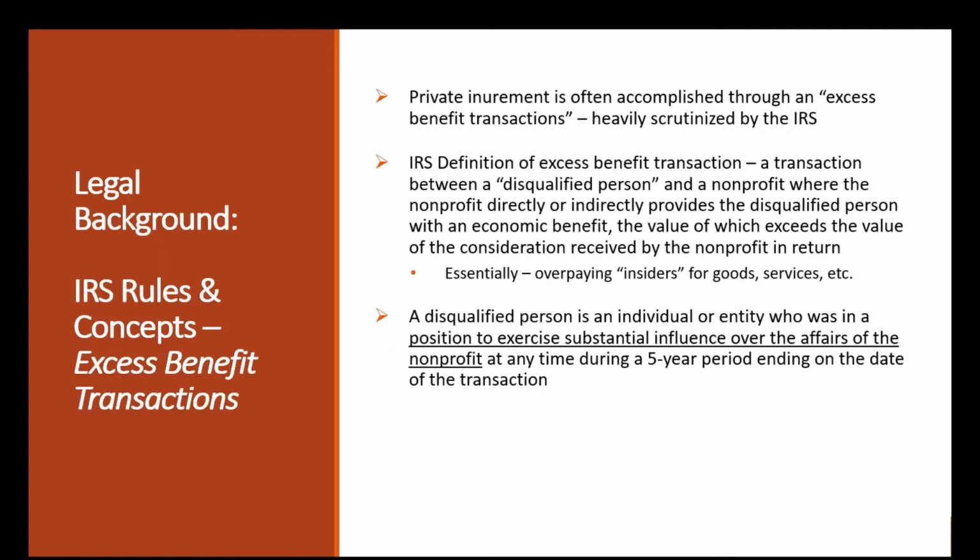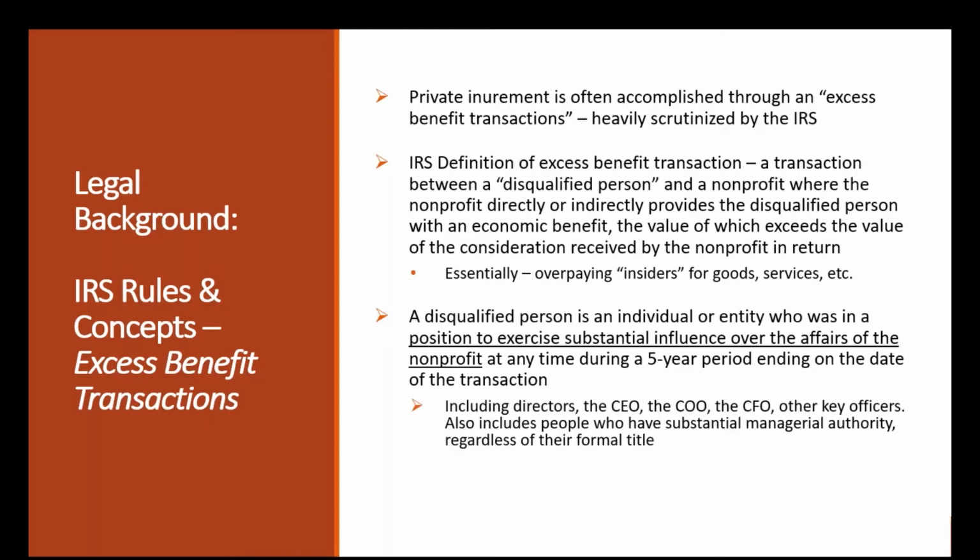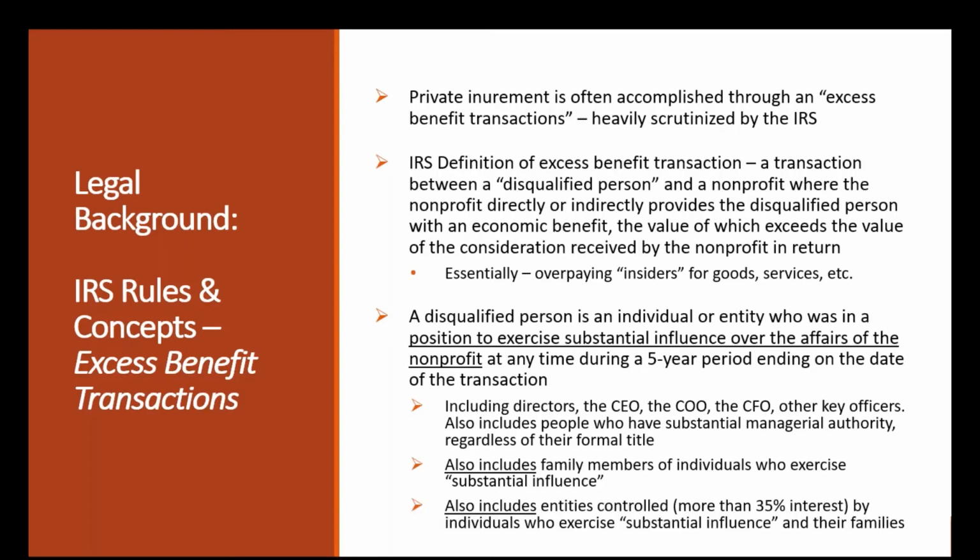So this can include your directors of the board, your C-suite executives and other key officers, and it includes any other person who has substantial managerial authority over the nonprofit, regardless of their form or title. This also includes family members of these individuals who exercise substantial influence, and it also includes entities controlled by individuals who exercise substantial influence and their families. So that's a pretty wide net.